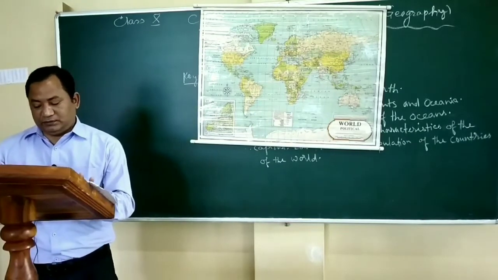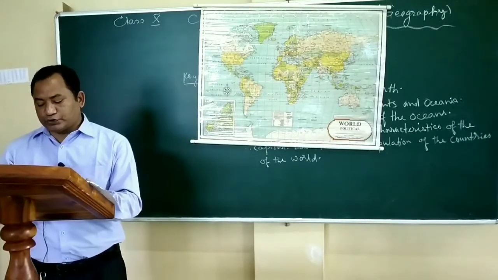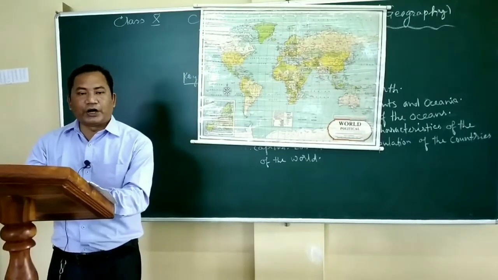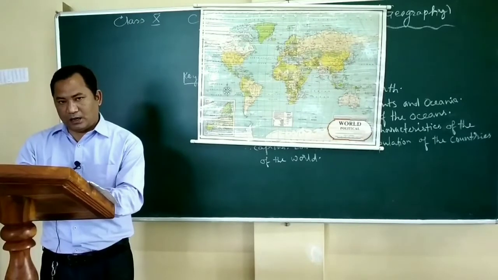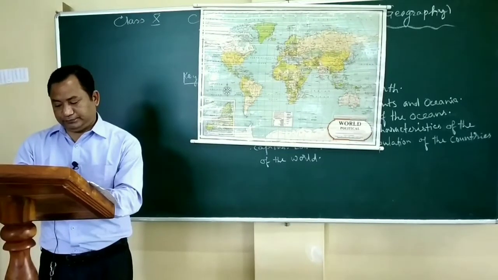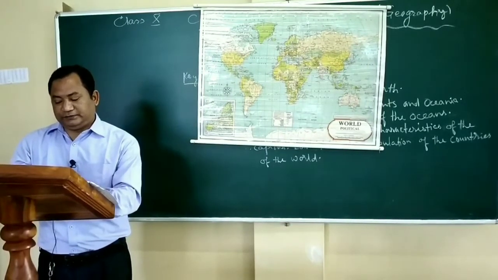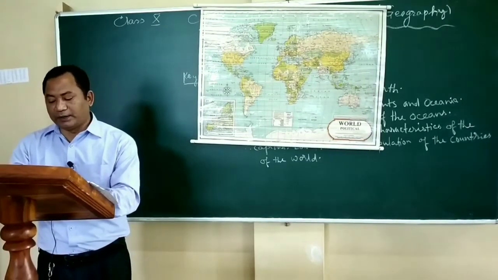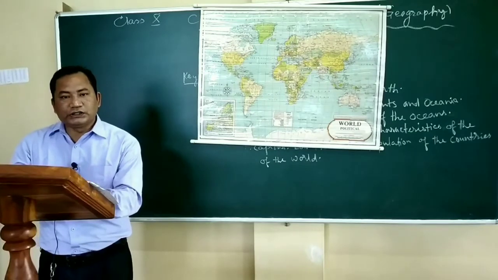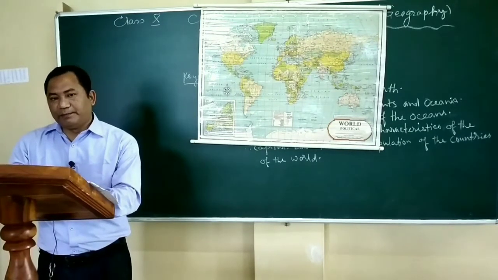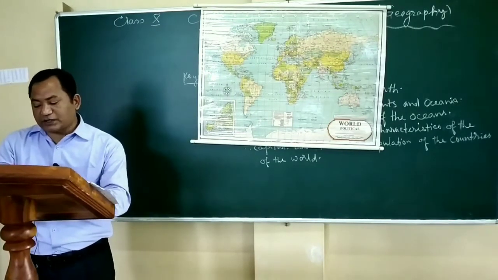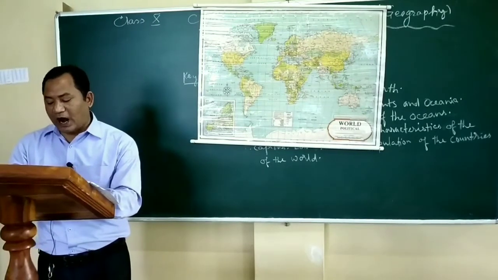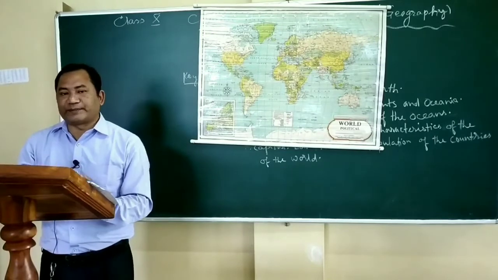Dear students, we know the portions of the Earth's surface covered by water bodies are known as the hydrosphere. On the other hand, the portions of the Earth's surface covered by land are called lithosphere. But these two large divisions, the hydrosphere and lithosphere of the Earth, do not form two separate clusters.